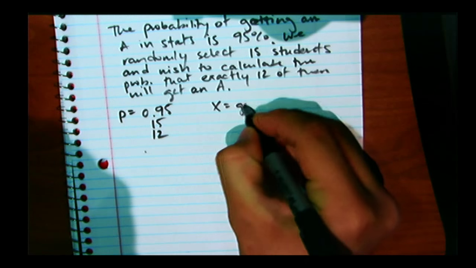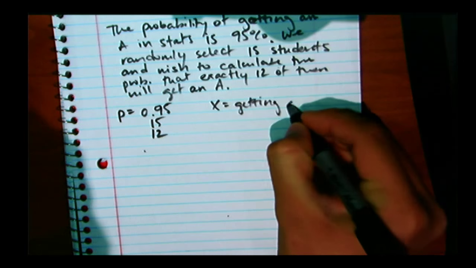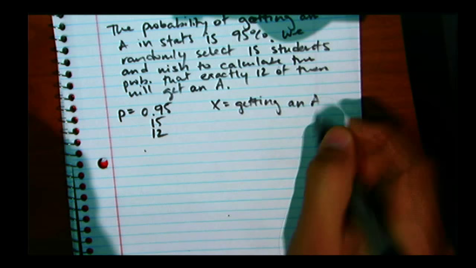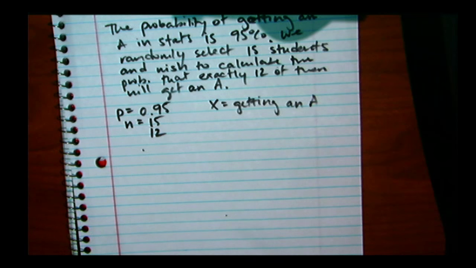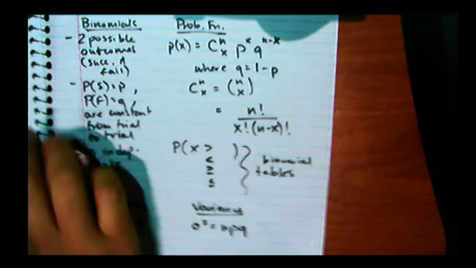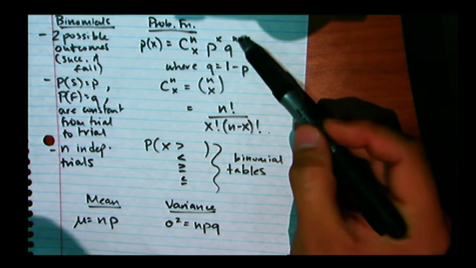Then we have a certain number of trials. That's going to be the 15 students that we're interviewing, or going to ask a question on. And then we have a probability function here, combinations of n times p to the x times q to the n minus x. So let's implement that on this question here.